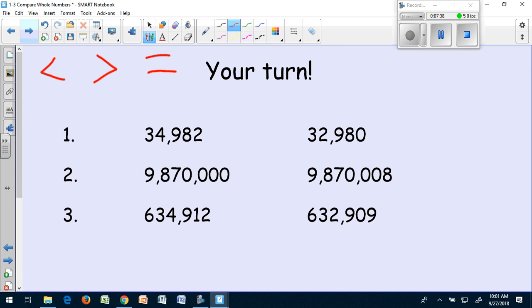In number 1, your thousands place should be underlined. In number 2, your ones place should be underlined because all the other digits match. And in number 3, your thousands place should be underlined.